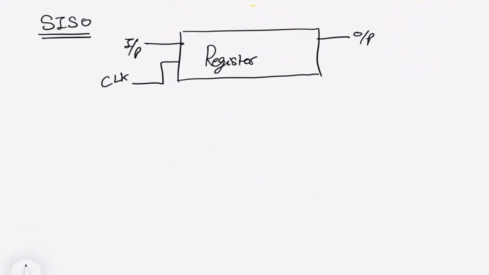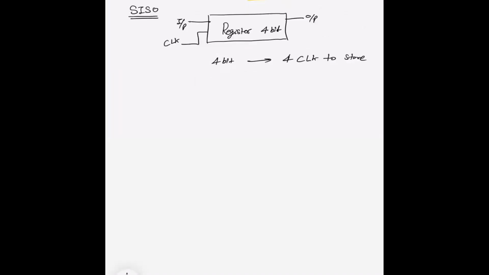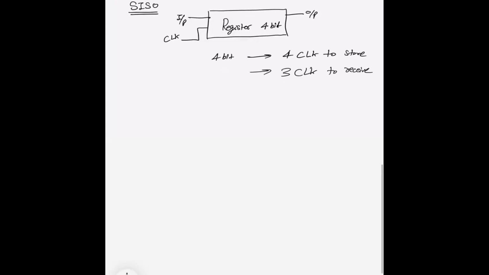So in the previous case, we talked about 4-bit storage. So let's say it is 4-bit. For storing 4 bits, you need 4 clock pulses. And for receiving your stored bits at the output side, you need 3 clock pulses.